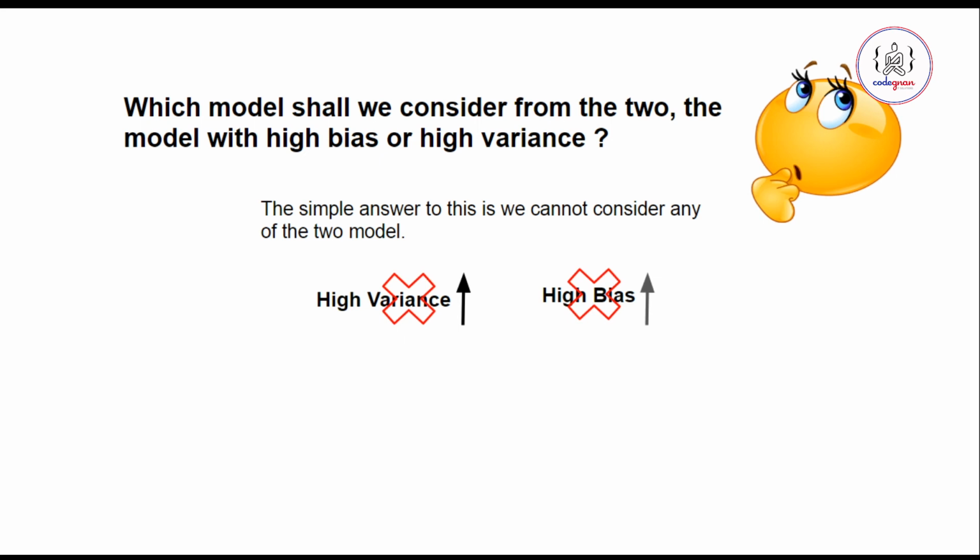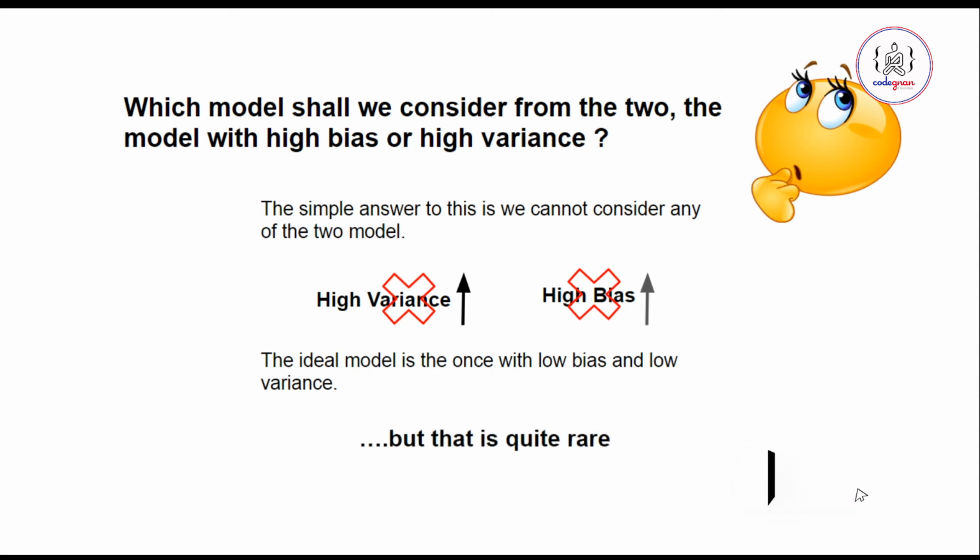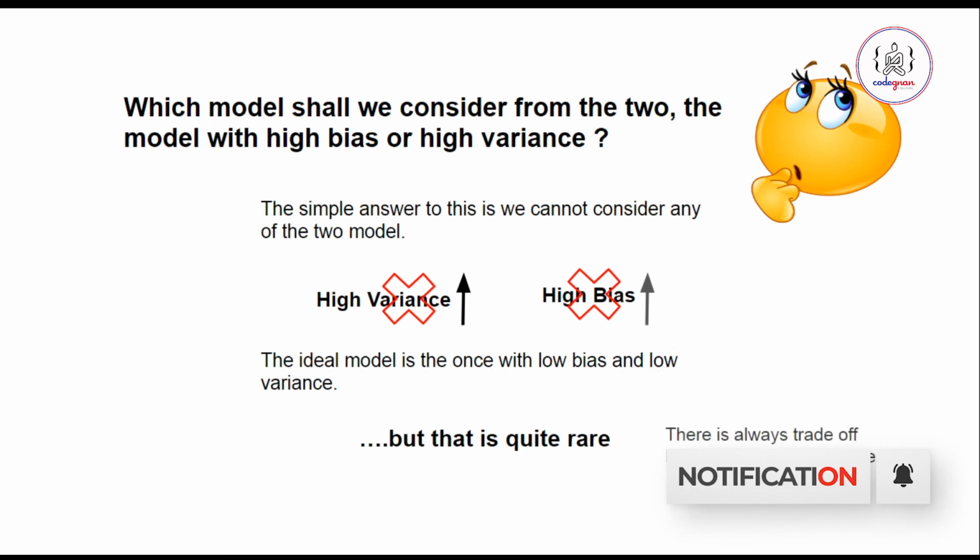The ideal model is the one with low bias and low variance, but that is quite rare in the real world. So there is something called the bias variance trade-off. There is always a trade-off between high bias and high variance.